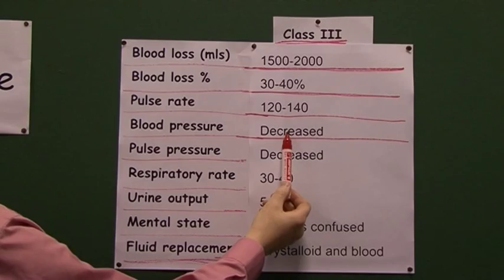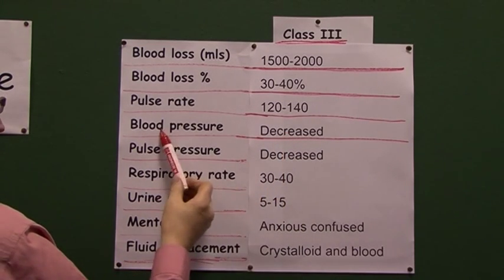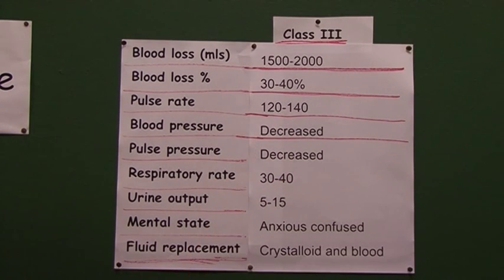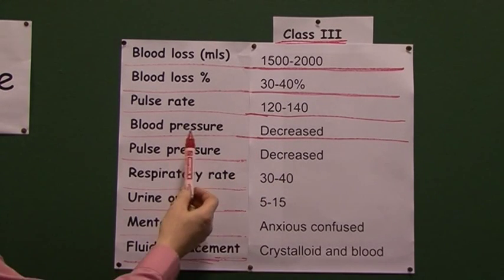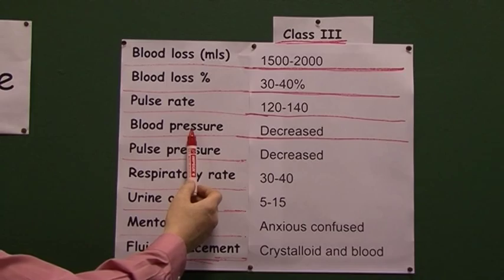So they've been shocked for a while. In class 2 they're shocked, but now they're really getting badly shocked because the blood pressure is going down. And always remember that hypotension is a very serious, ominous development in the progression of shock.